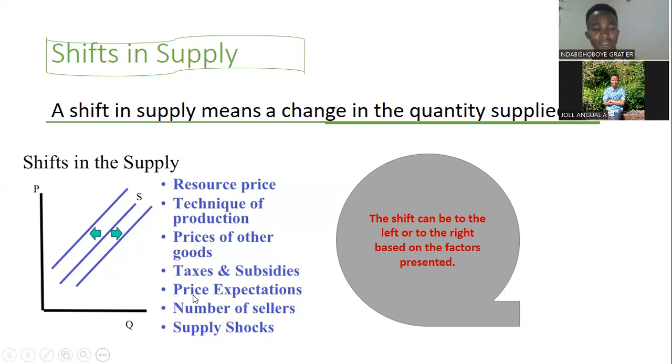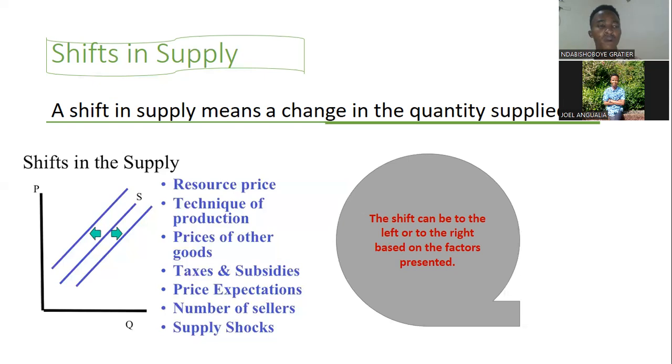The price of other goods. In case the price of other goods increases, automatically the supply of the other commodity whose price has remained stagnant, or has not had any increase, will have to shift to the left.